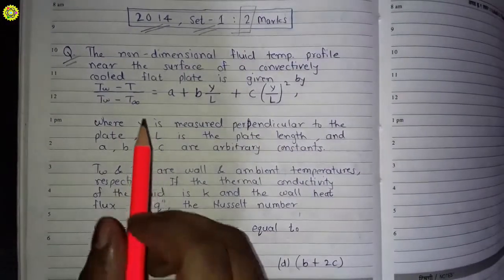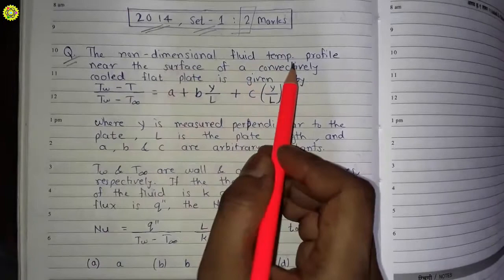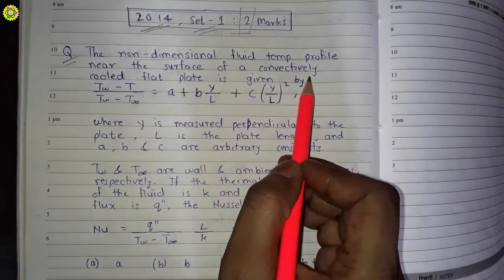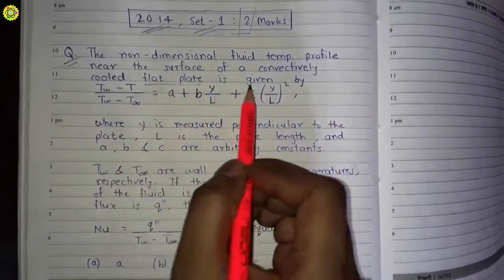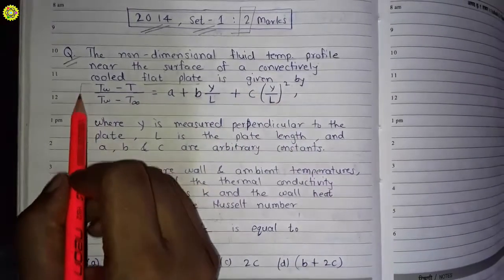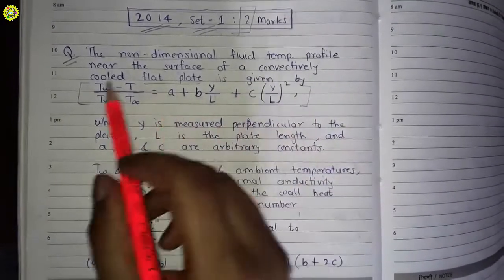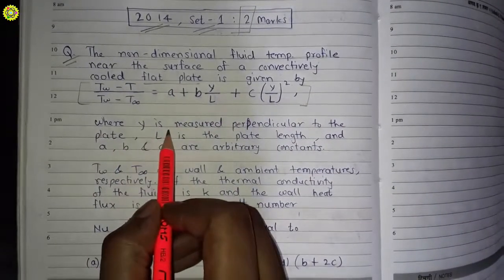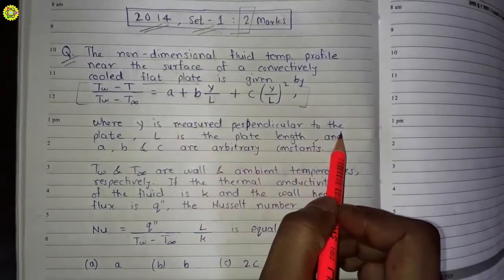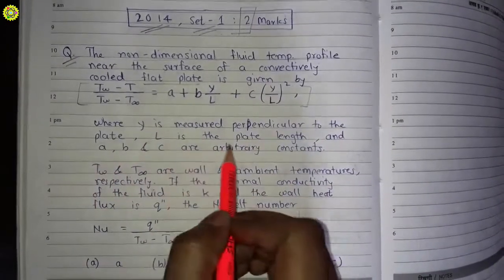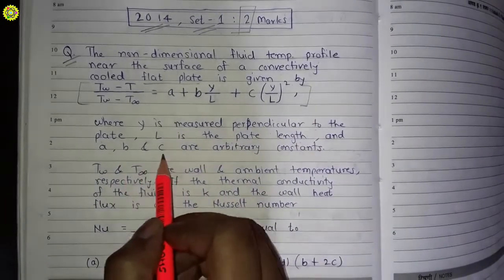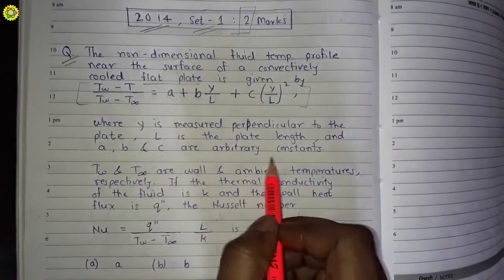Here is the question: the non-dimensional fluid temperature profile near the surface of a convectively cooled flat plate is given by this equation, where y is measured perpendicular to the plate, L is the plate length, and A, B and C are arbitrary constants.